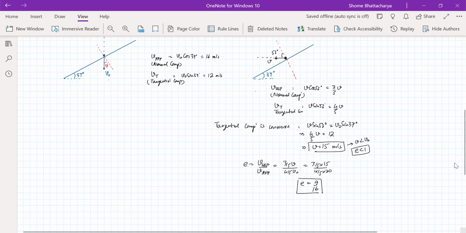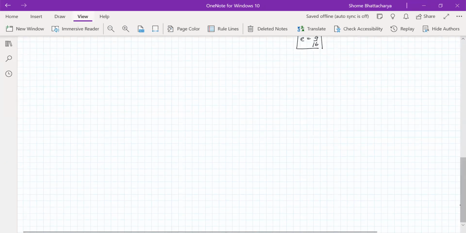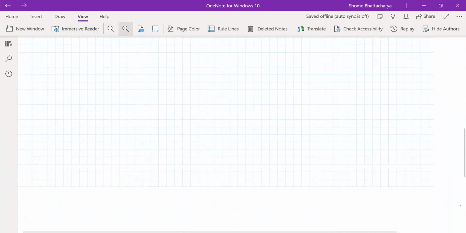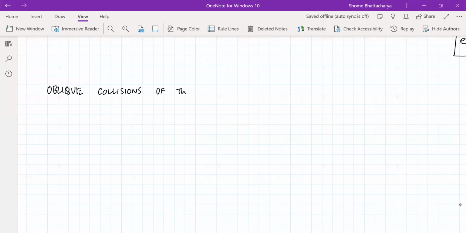Okay, so moving on now to the last part of collisions. So we'll see oblique collisions of two particles or bodies.